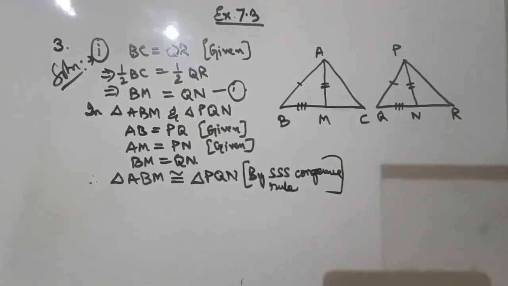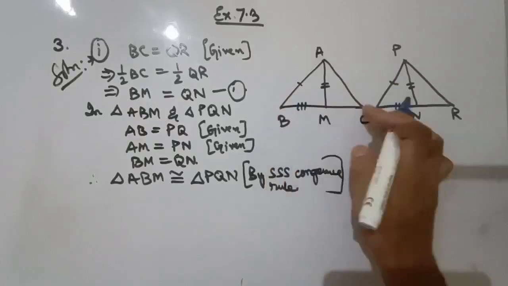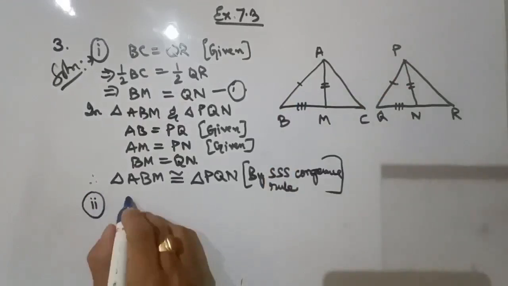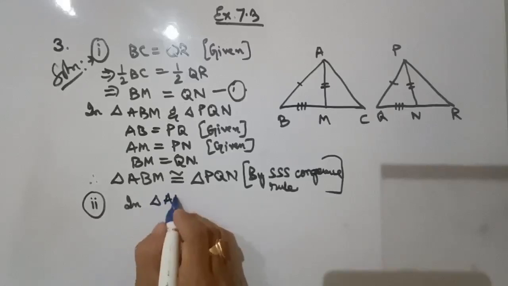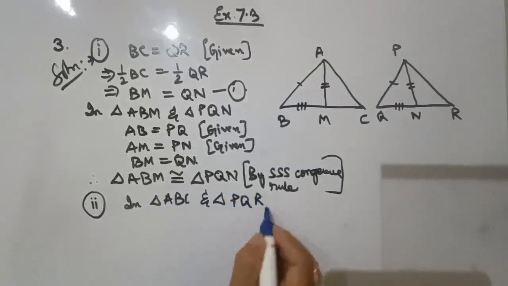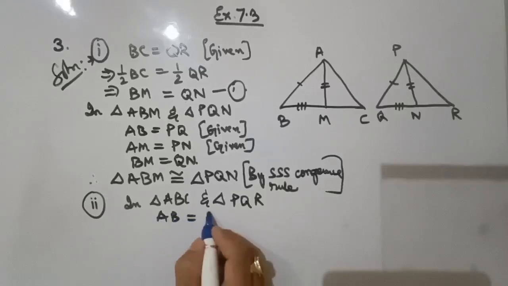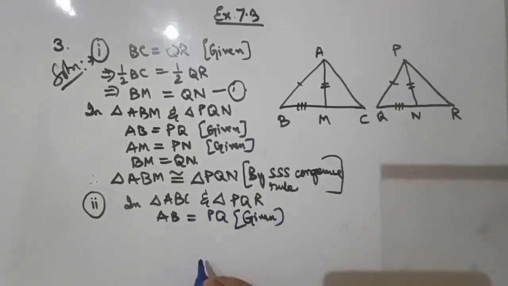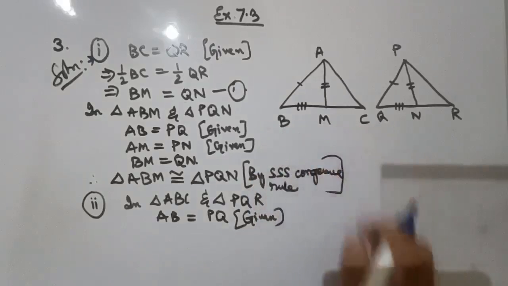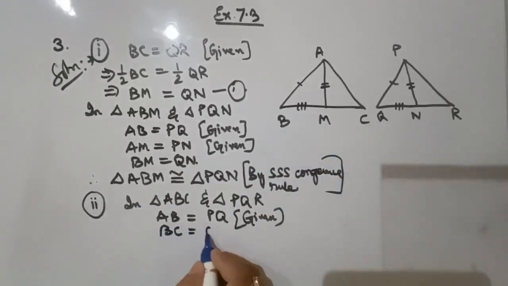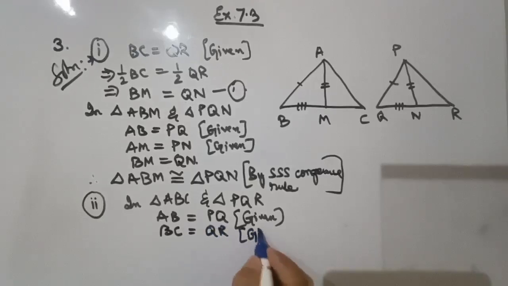Now for the second part, we have to prove triangle ABC is congruent to triangle PQR. For Roman number 2, in triangle ABC and triangle PQR, AB equal to PQ. This is also given information. And BC equal to QR. This is also given information.